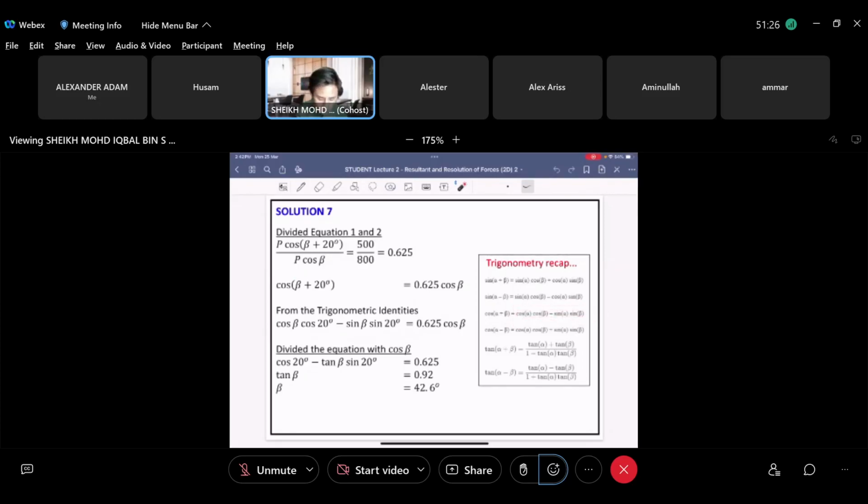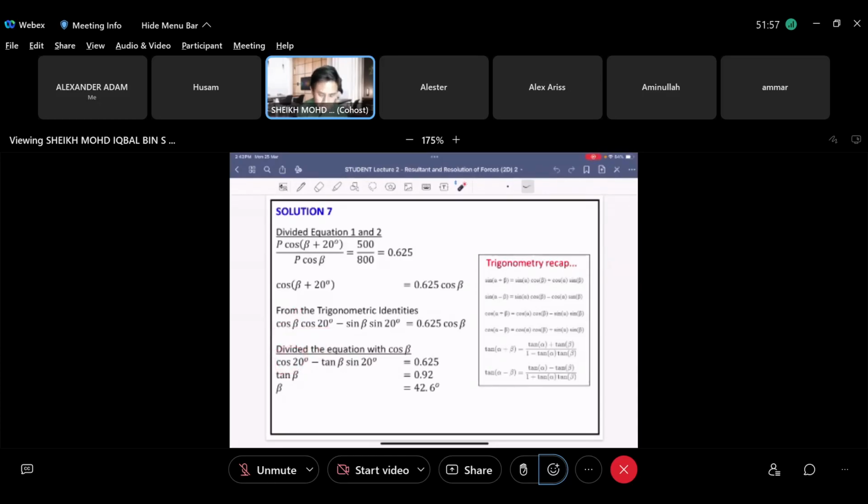So change it and finally you will have something like this. Cos beta cos 20 degrees minus sin beta sin 20 degrees equals 0.25 cos beta, right? Now, if you take this one and move it to the left side, right? So cos beta cos 20 degrees divided by cos beta. So this one cancels out, right? So now you have cos 20 degrees.